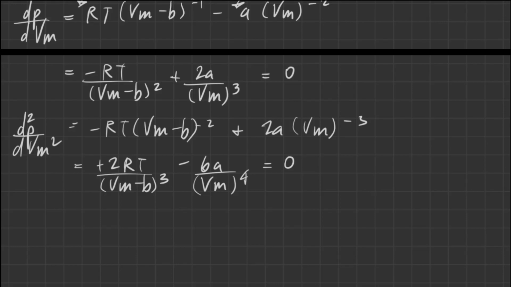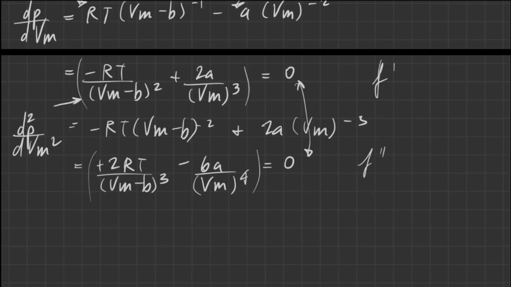So here we have two equations, the first derivative and the second derivative. And we can set them equal to each other because both of them are equal to 0. So what we traditionally want to do is get rid of the most troublesome part of the equation when we add them together.